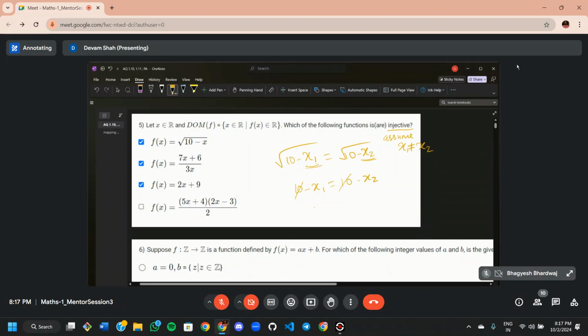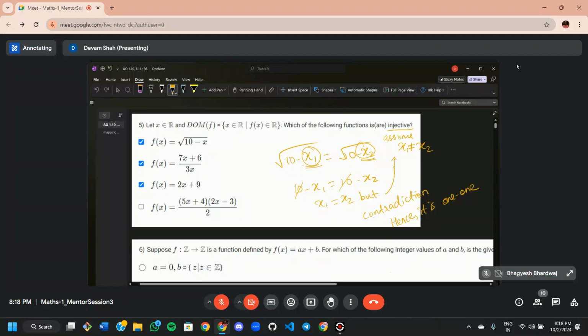Now 10 and 10 get cancelled. Multiply minus 1 on both sides, you'll get x1 equals x2. But what did we assume? We assumed x1 is not equal to x2, which is a contradiction, right? Sir, how to solve these kinds of problems? Think that there are two different inputs, equate the outputs.